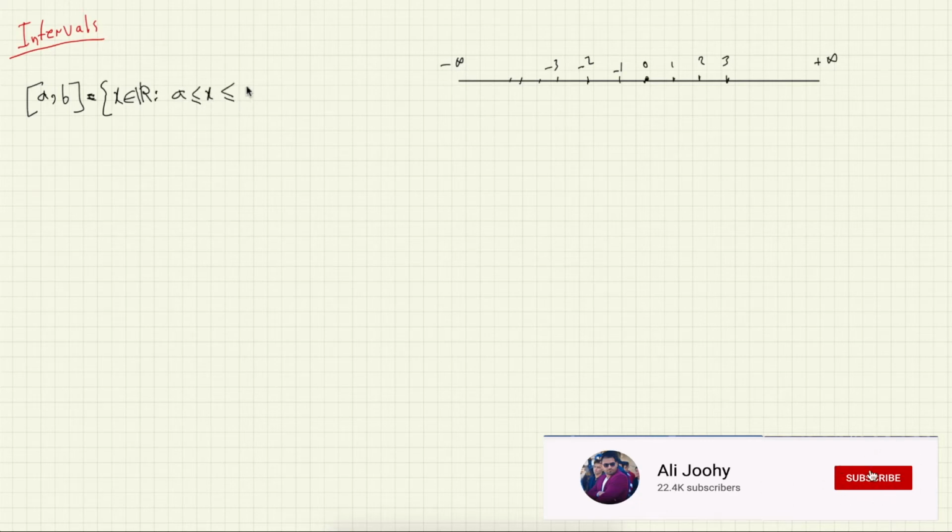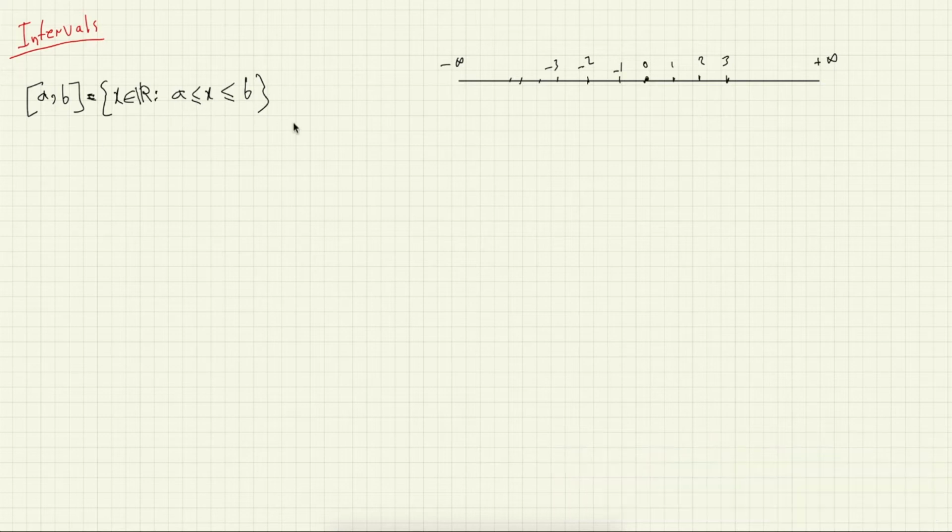x will be from A to B, and x could equal A and could equal B. So if I want to plot it here, let me delete this.